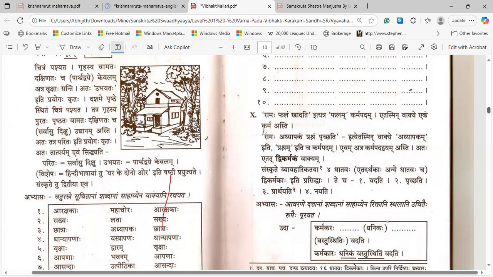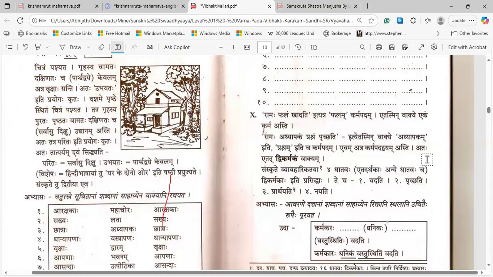For some dhatus, there are around 16 dhatus, like yach, pach, dand, these are dhatus, 13 root words. So yach means yachati, pach means pachati. These kinds of dhatus can take two karma padas at a stretch.